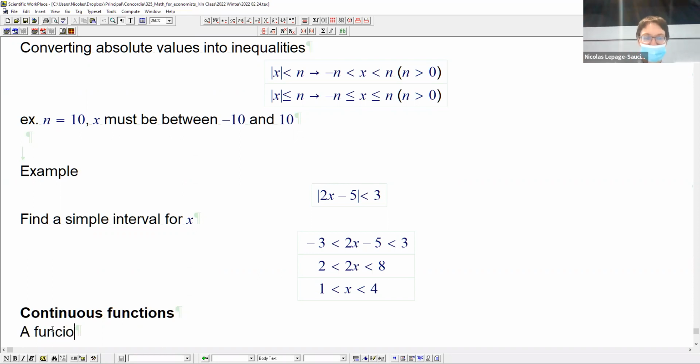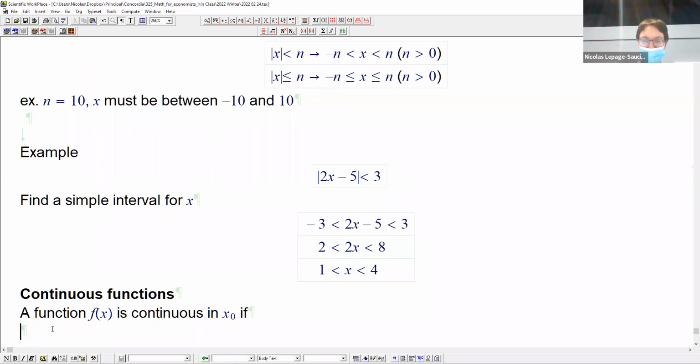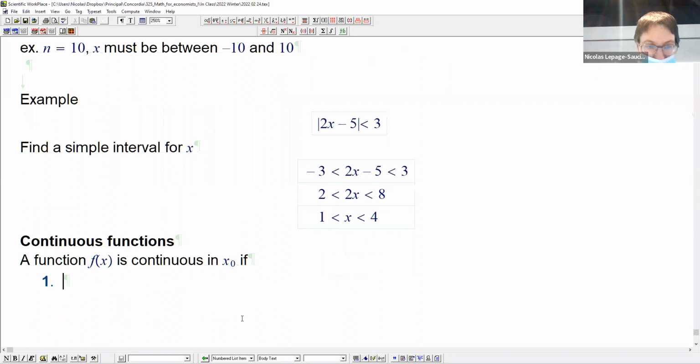A function f of x is continuous in x0 if three conditions hold. First, f of x0 is defined, by which I mean x0 is in the domain.